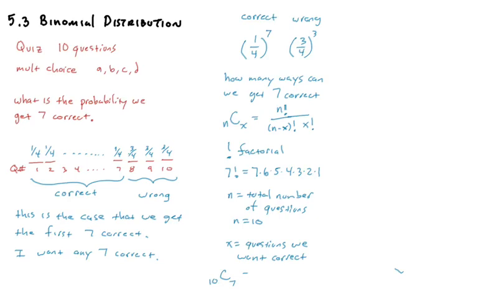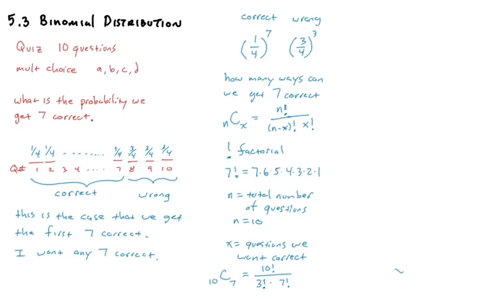This will cook up any 7 correct questions that we want to get correct. So it's 10 factorial over n minus x, which is just 10 minus 7, that's 3 factorial, times 7 factorial. Note the bottom ones will always add up to the top one.